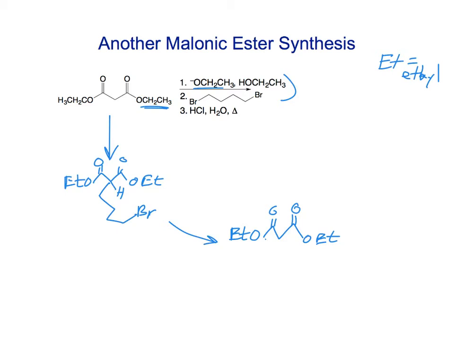Let's just count them. We have 1 carbon here, then 1, 2, 3, 4, 5. So carbon 1 is going to end up bound to carbon 5. And so in this case, we're making a 5-membered ring.